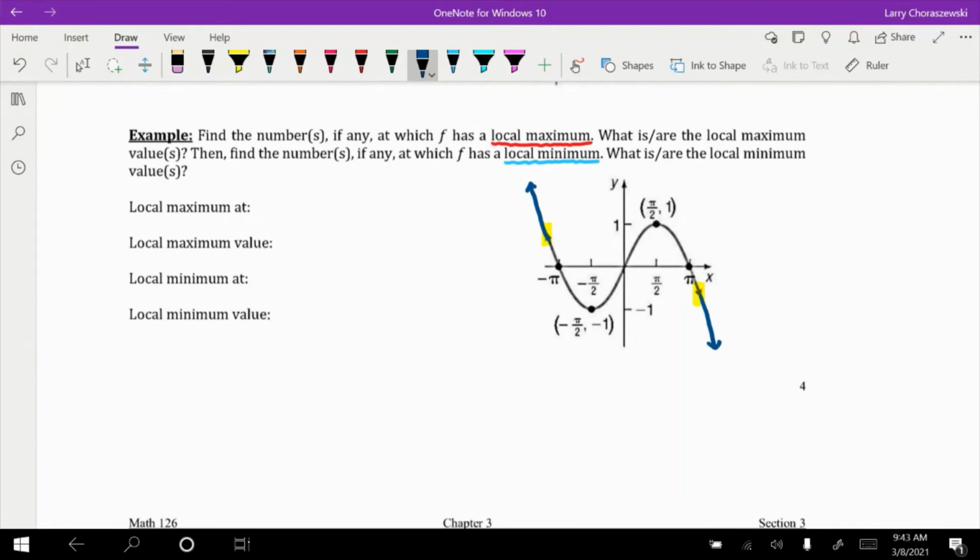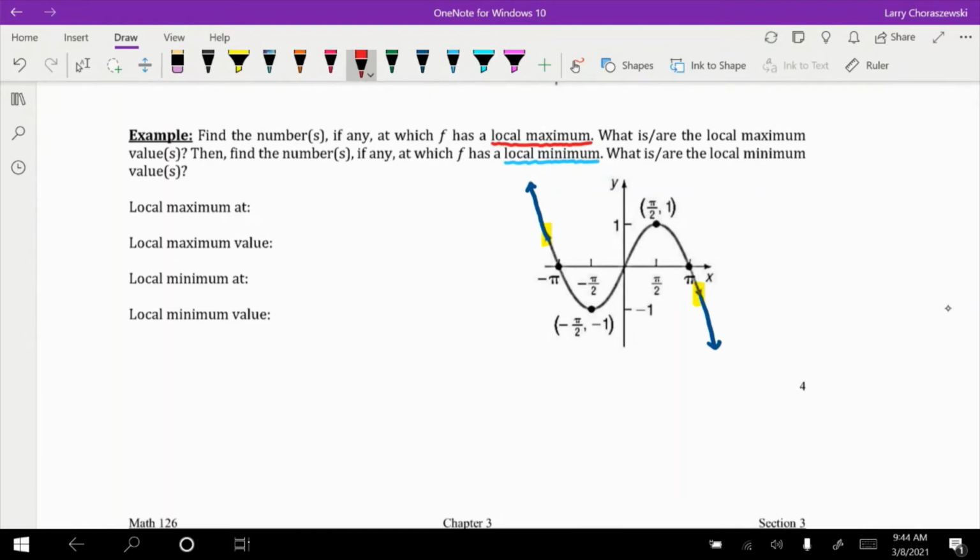So technically there is no highest point on the graph because you could always find one higher than it. Likewise, there's no lowest point on the graph because you could always find a point that's lower than it. So there are no absolute maximums or minimums because of how these ends are situated. But locally, there are certain sections of the graph where we do have a high point and a low point.